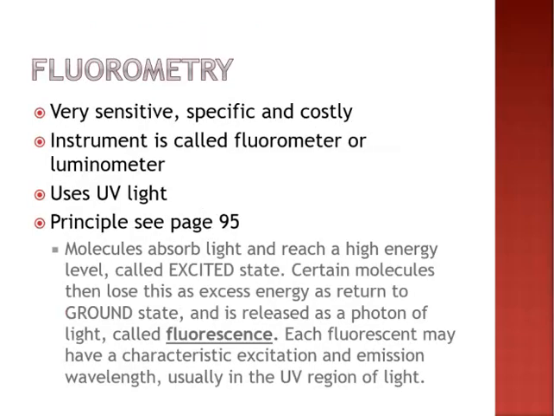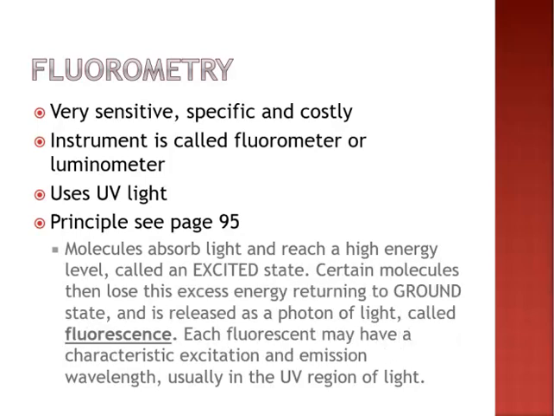Next, we need to talk about fluorometry. It's very sensitive, specific, and costly. The instrument that we use is known as a fluorimeter or illuminator, and it uses UV light. So let's talk about the principle of this methodology. Molecules absorb light and reach a high energy level called an excited state.